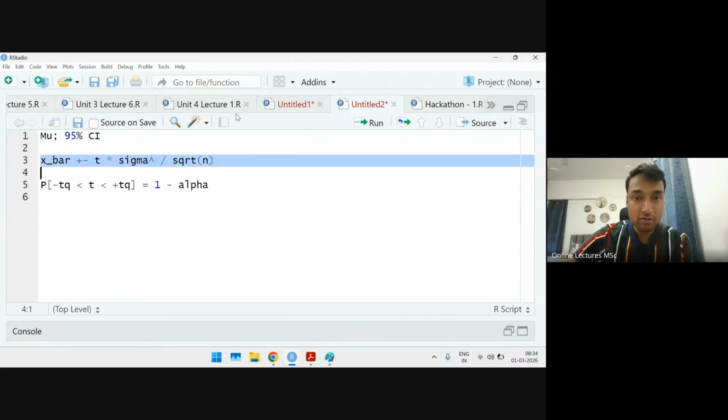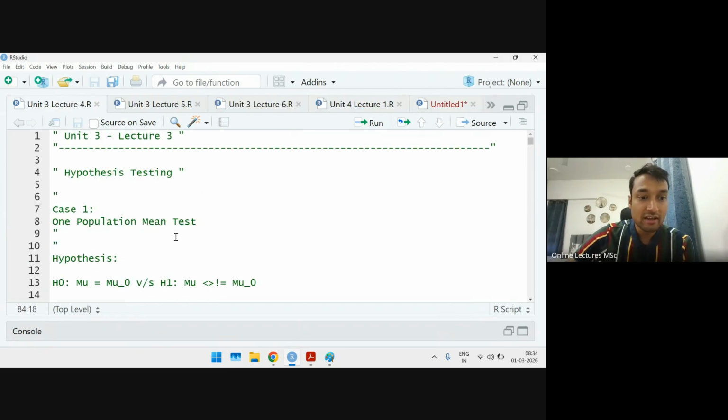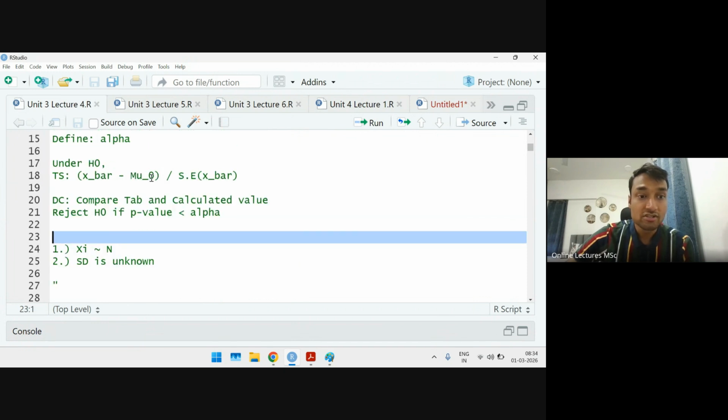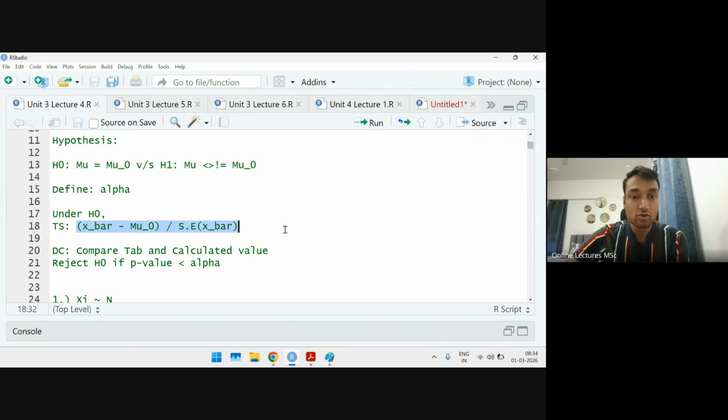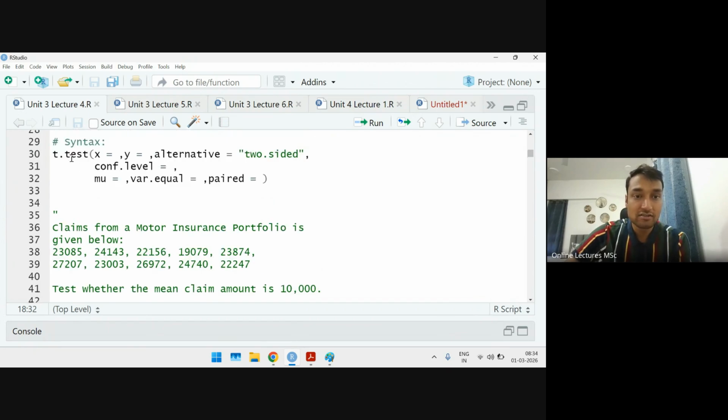If you remember our confidence interval, or our hypothesis test, in every part we were saying the exercise comes from normal, or this test statistic follows the T distribution, hence the term T test.